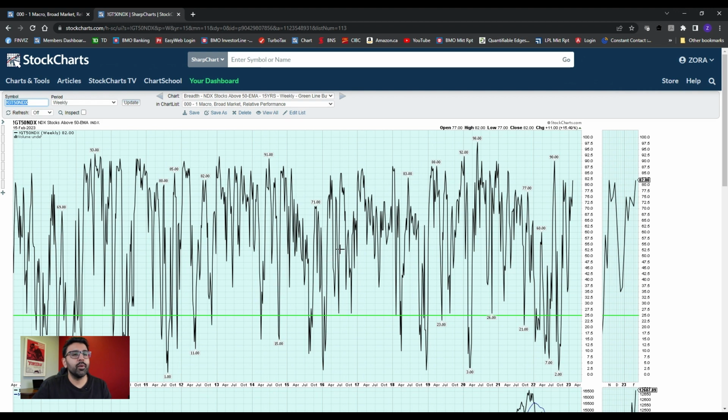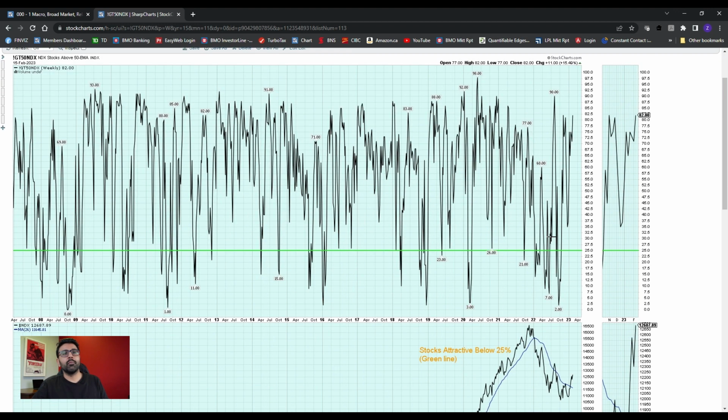Basically, if the number of stocks below their 50-day moving average gets below 25, it should gain our attention, because at that point it's easy to argue the stock market is heavily oversold, and it may present some opportunities.